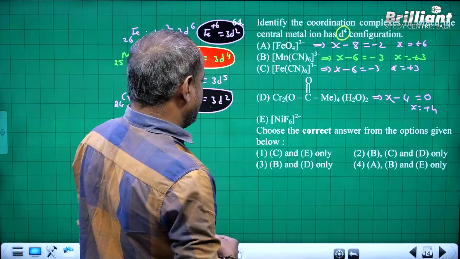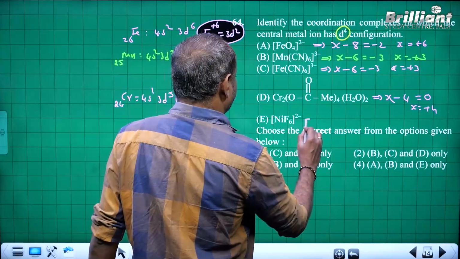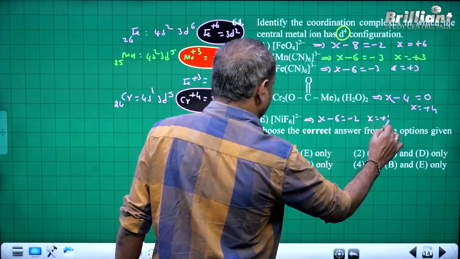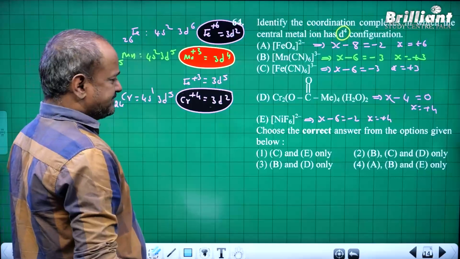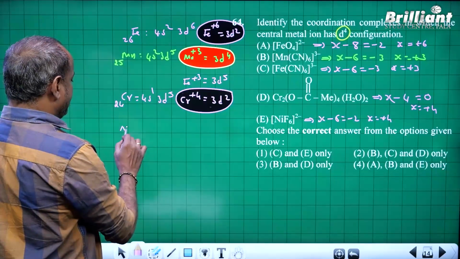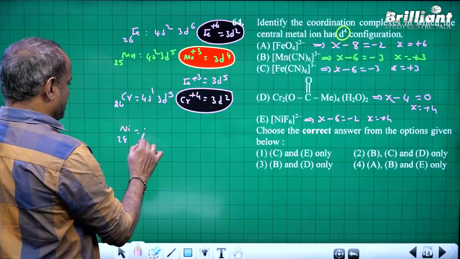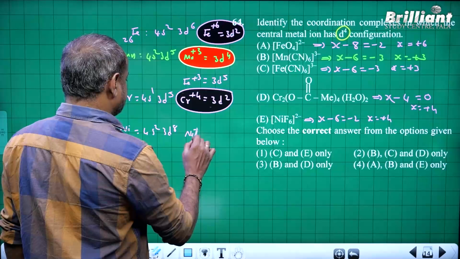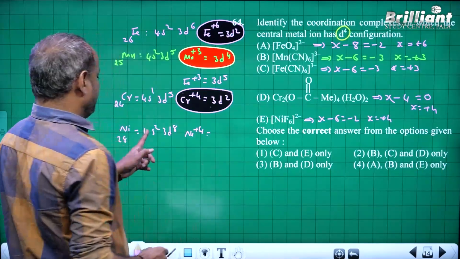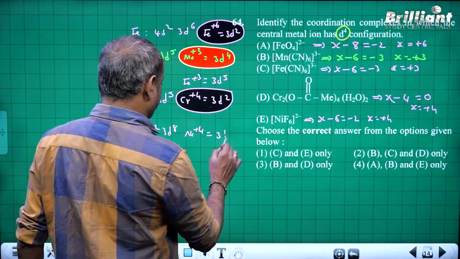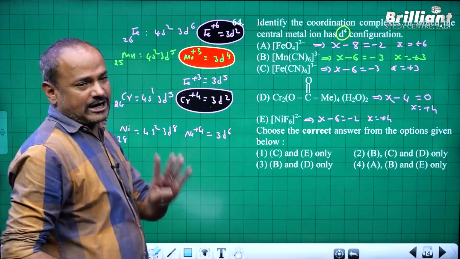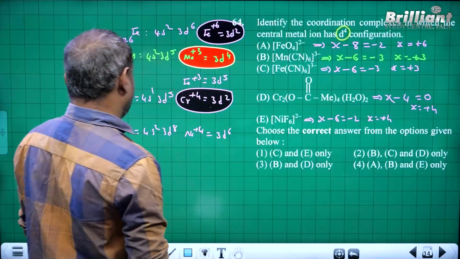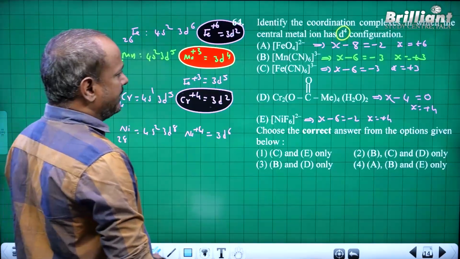Next one, nickel F6: x minus 6 equal to minus 2, x equal to plus 4. Nickel 28, 4s2 3d8. Nickel plus 4 is equal to 2 plus 2, 3d6. 3d6 means 4 unpaired electrons. Oh, no, unpaired not. Only we want electrons only, not unpaired. d4.